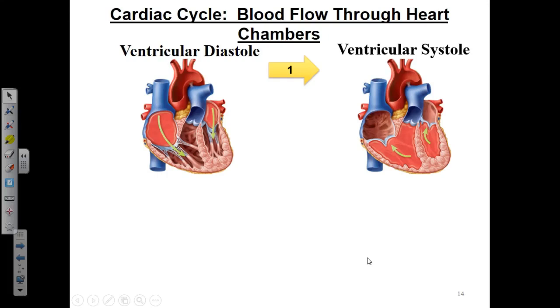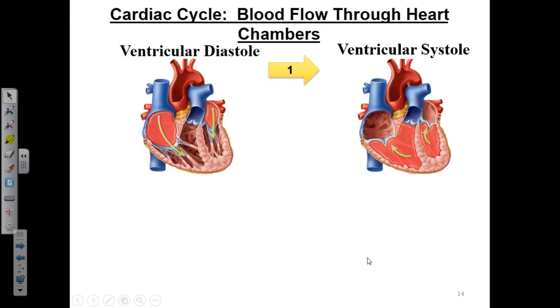And what's going to happen is the ventricles are now going to start squeezing. They're going to undergo systole. When they start squeezing or contracting, what's that going to do to the pressure in the ventricles? It goes up, right? So now we have increased pressure in the ventricles such that it's higher in the ventricles than it is in the atria, which means blood's going to push up against the AV valves, causing them to close.